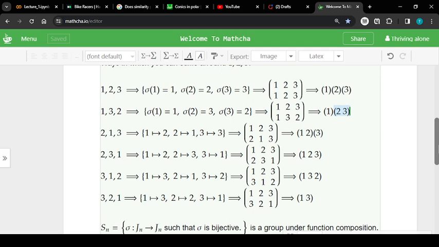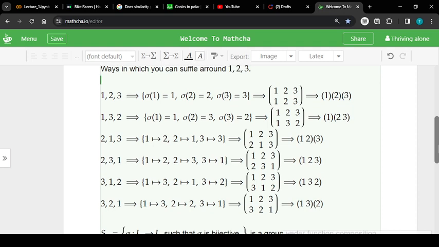Okay, (1 3), and 2 is a fixed point. So we'll just write it within parentheses here, because 2 is a fixed point. Now the thing about this cycle notation is that we usually don't write the fixed points. We simplify; the fixed points are redundant. If a point is not written, we consider it fixed by default.